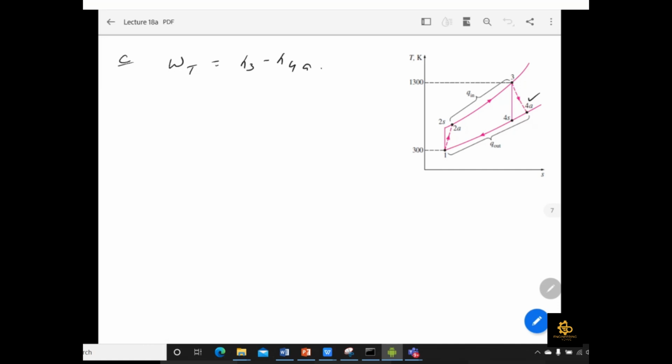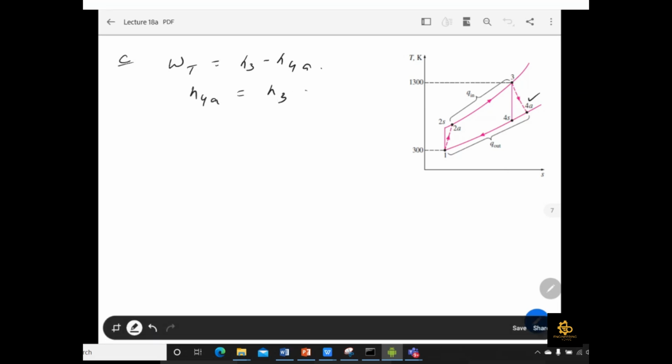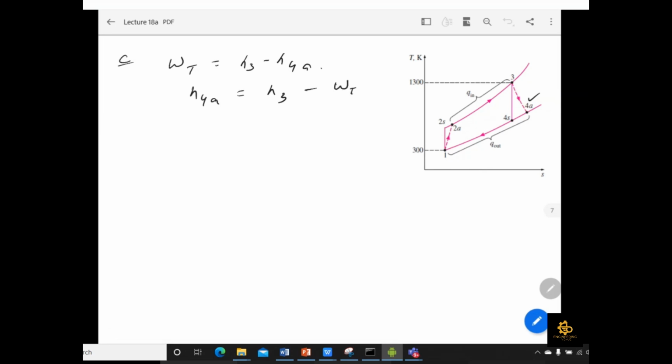From this equation, H4A is equal to H3 minus W turbine, the actual turbine work. The H3 value we already have from the previous example, so 1395.97 minus 515.61. From here we get the H4A value, which is the actual enthalpy value.